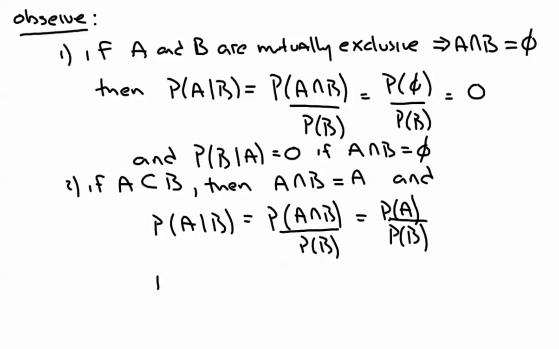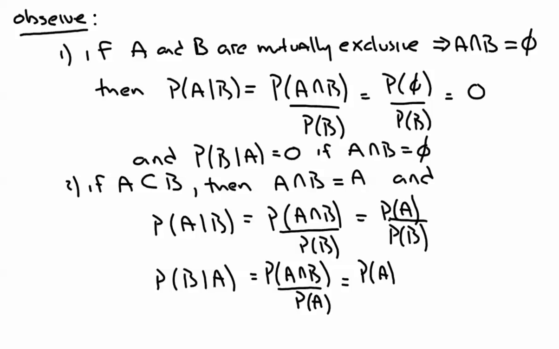And probability of B if A equals probability of A intersect B divided by probability of A, which equals probability of A divided by probability of A, which is 100%.